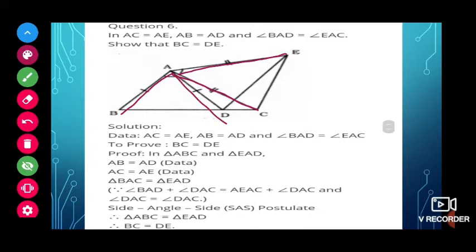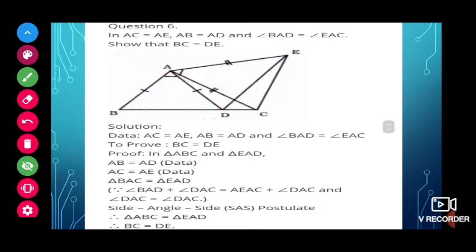Now, we have to prove that angle BAD is equal to angle EAC. BAD, so this angle is equal to EAC, so this angle. Show that BC is equal to DE. This should be equal to DE. Where is the DE? Here is the DE. Oh, it's a little confusing, no? Now, I'll show you separately.